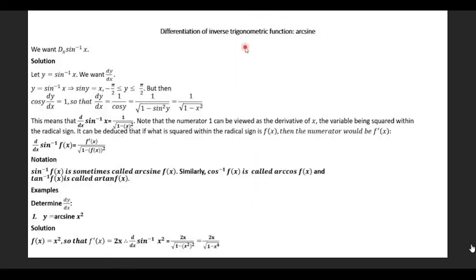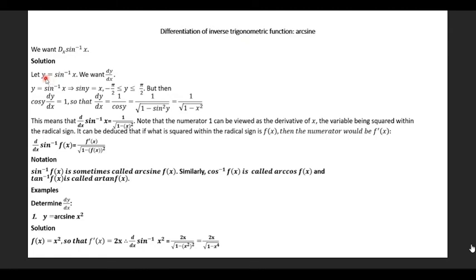Right. Now, the next thing, again, that is important is for us to deal with the differentiation of inverse trigonometric function. And we can start with the arc sine. We want the derivative of the arc sine, or if you like, you can say the inverse sine.